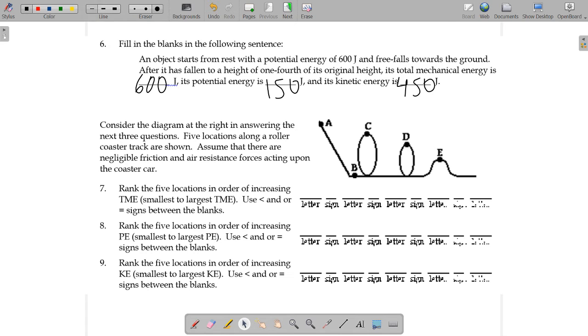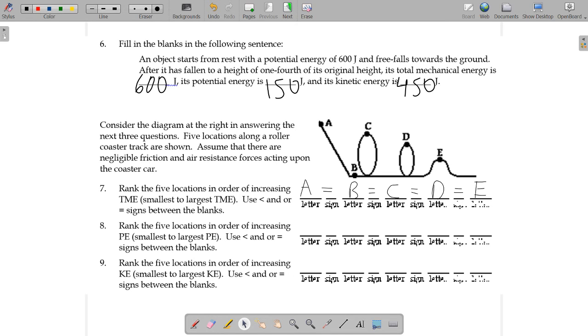Well, that's easy because, since gravity is the only thing doing work on this roller coaster, total mechanical energy has to stay conserved. So that means the total mechanical energy at A is equal to the total mechanical energy at B, which is equal to that at C, which is equal to that at D, which is equal to that at E. Okay, so total mechanical energy at every point along this roller coaster stays constant.